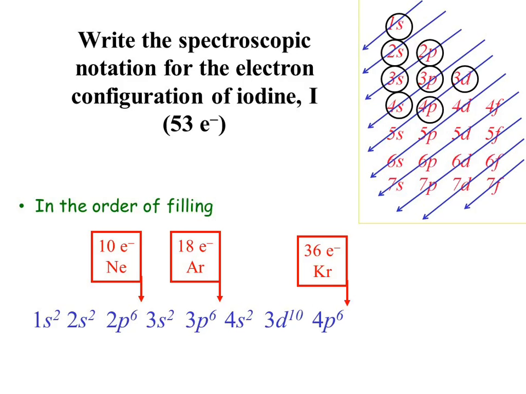And then we said beyond that we go to the 5s2. And then we completely fill that D-type subshell with 10 electrons. So beyond the 5s2 we have 4d10.